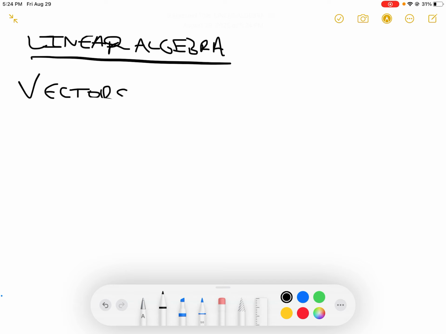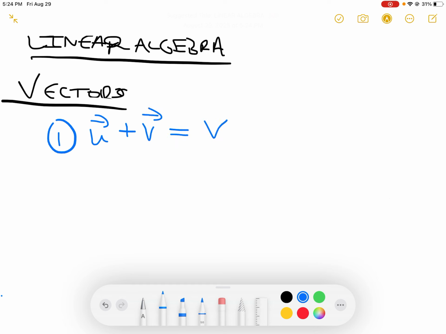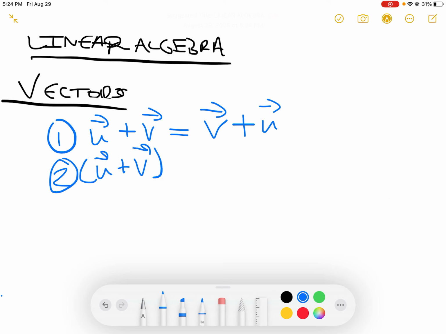Now, let's just talk about a few properties of vector addition, just so that we know that this is true. The first one is what I already said. If you add two vectors, it's the same as if you do it the other way around, so if you switch them. So it doesn't matter what order you do it in. The next is you can group them in a certain way like this, and that's still going to be equivalent to this.